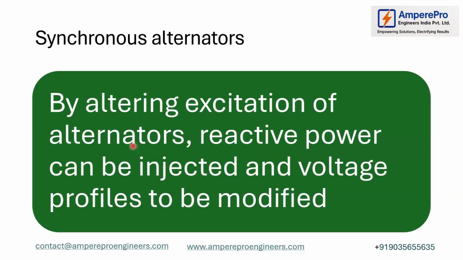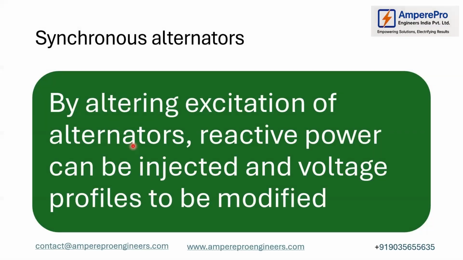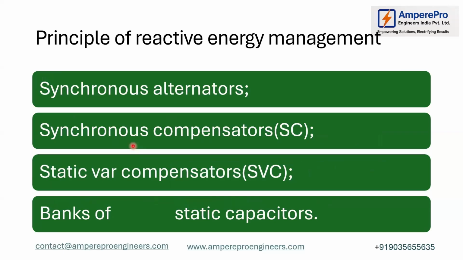Then the synchronous alternator itself has the capability to control reactive power, so you can either inject or draw reactive power. Those four are the equipments that support reactive power, and you can use them at various locations.